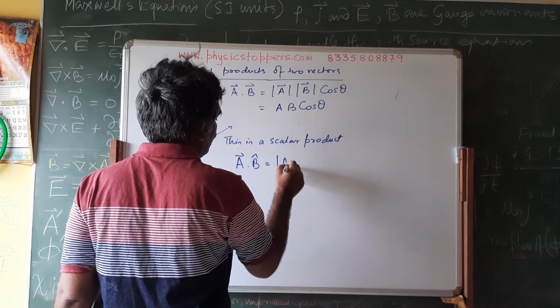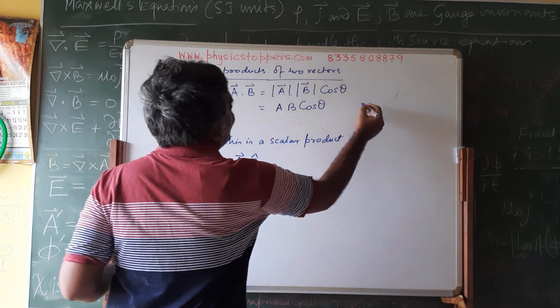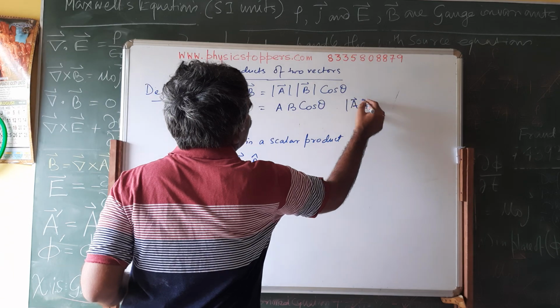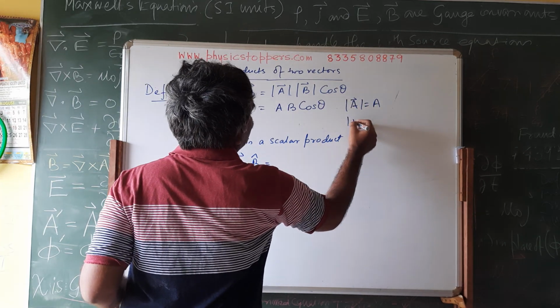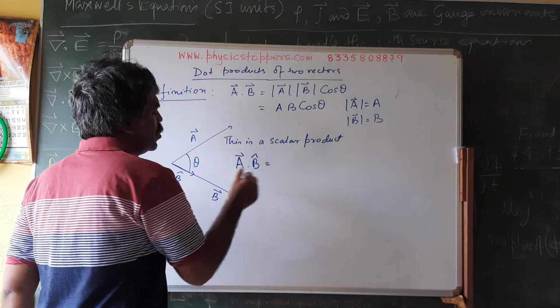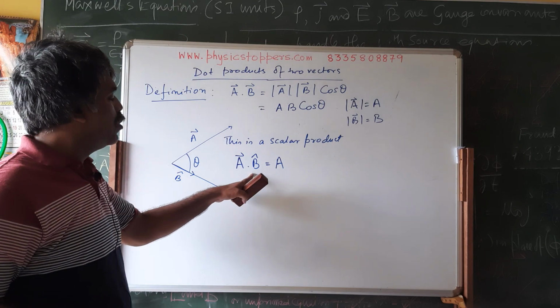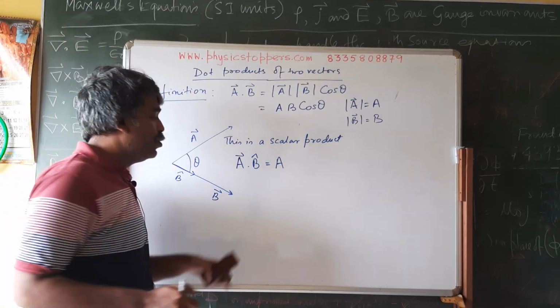That's the magnitude of A, which I shall write simply as A, and the magnitude of B cap is a unit vector, which has magnitude 1.